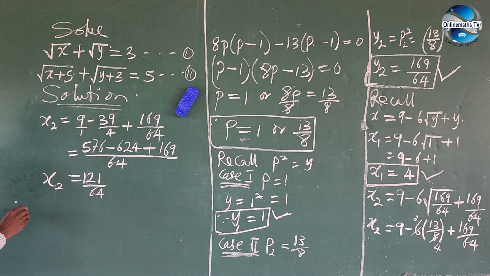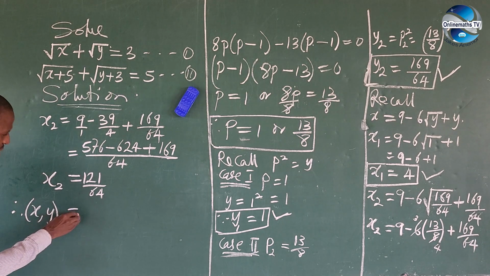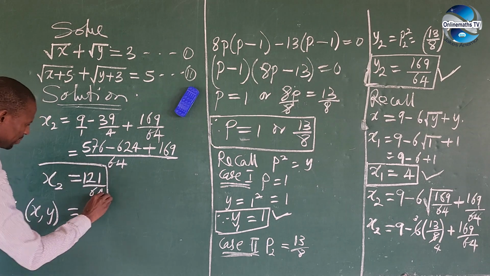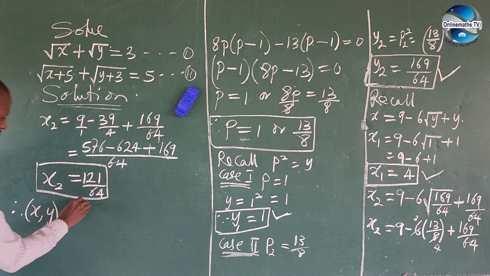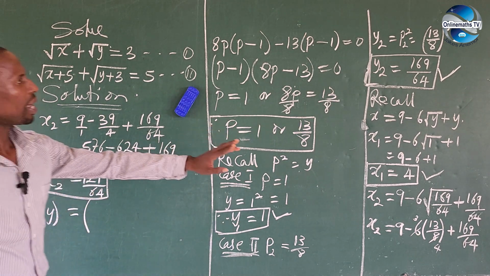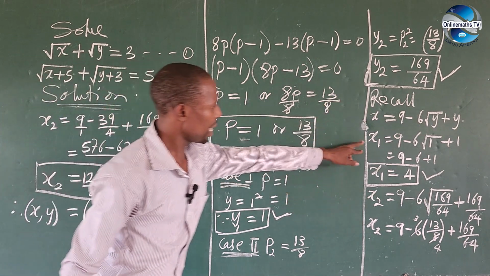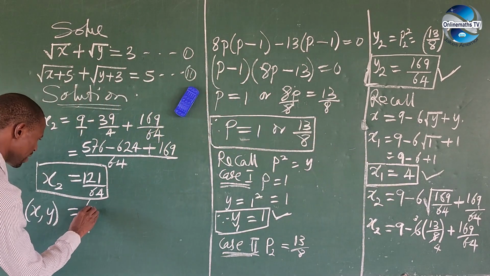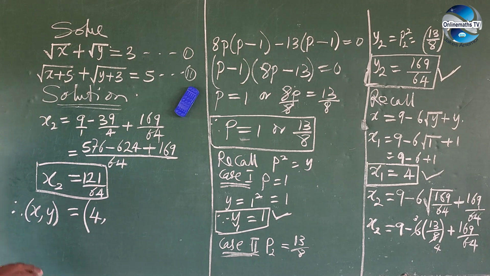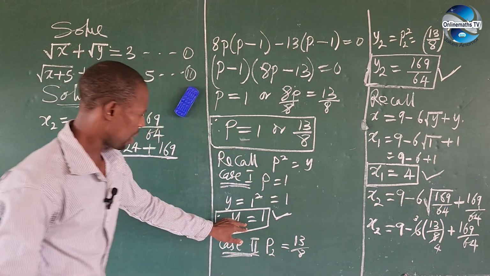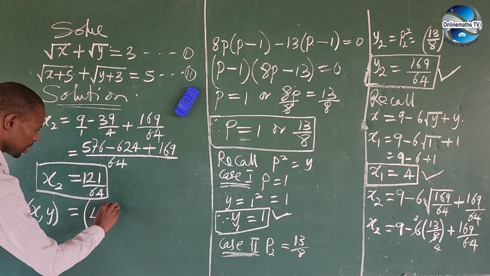So therefore, our x comma y is equal to, let's write this out first. What is our x1? Our x1 is 4. So we have 4, comma, and our y1 is 1.